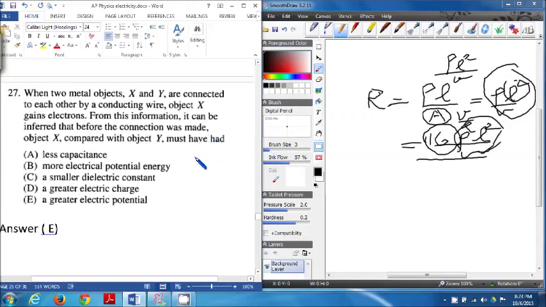Why? Because greater electric potential means that it has a positive charge. So that's how it gains electrons, because it has a positive charge. So electrons will move towards it.